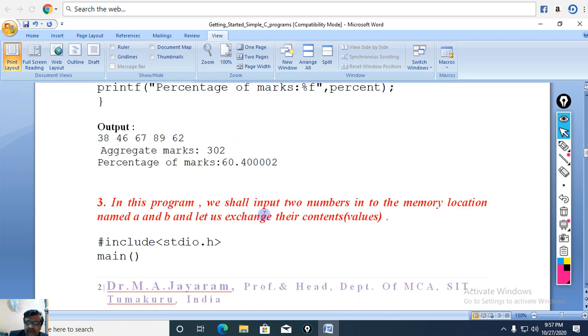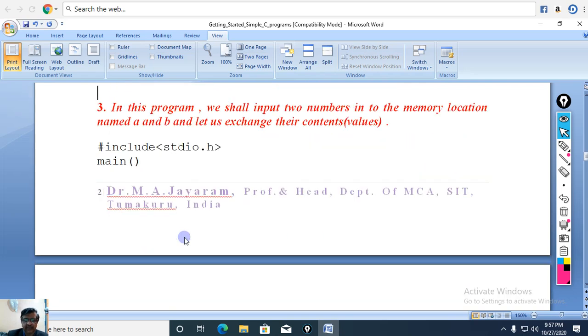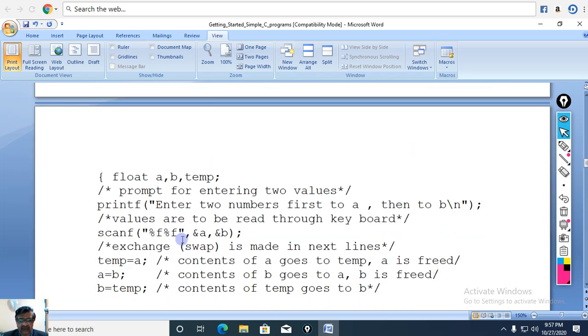In this program we shall input two numbers into the memory locations named A and B, and exchange their contents. This is a simple thing. Anyway, this is a question which is most often done by students. Float A comma B comma temp. Then a prompt for entering the two values.